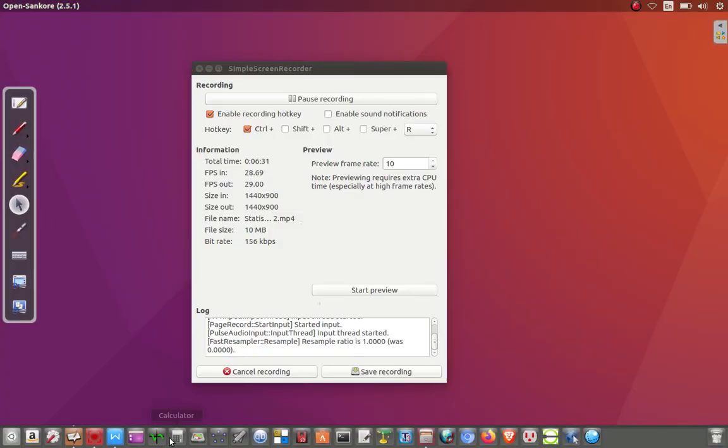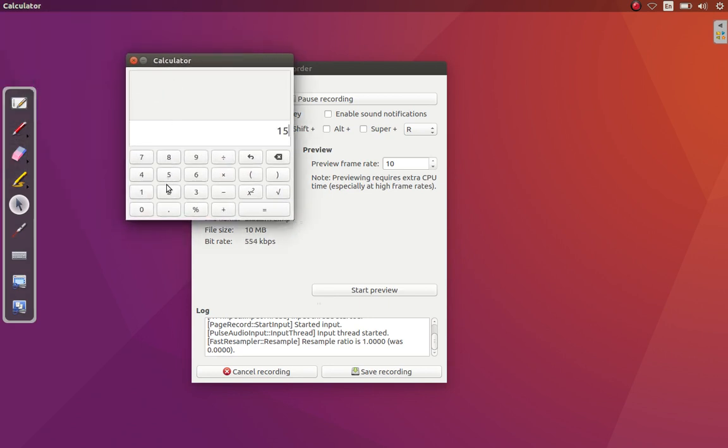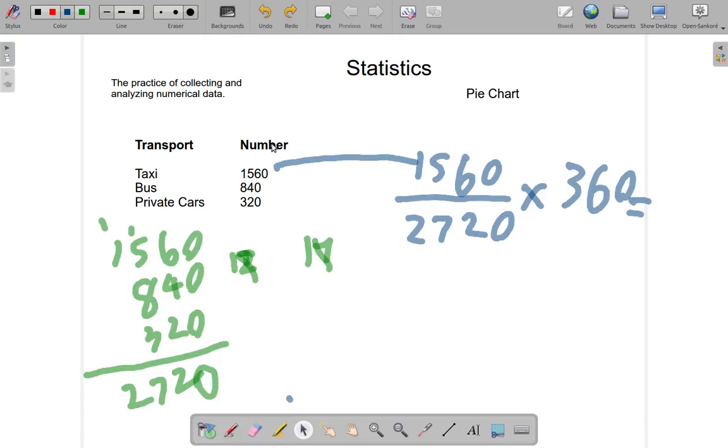Let's see, 1560 over 2720 times 360 degrees. Let's call it 206 degrees. That's the angle taken up by the taxi, 206 degrees. Alright.